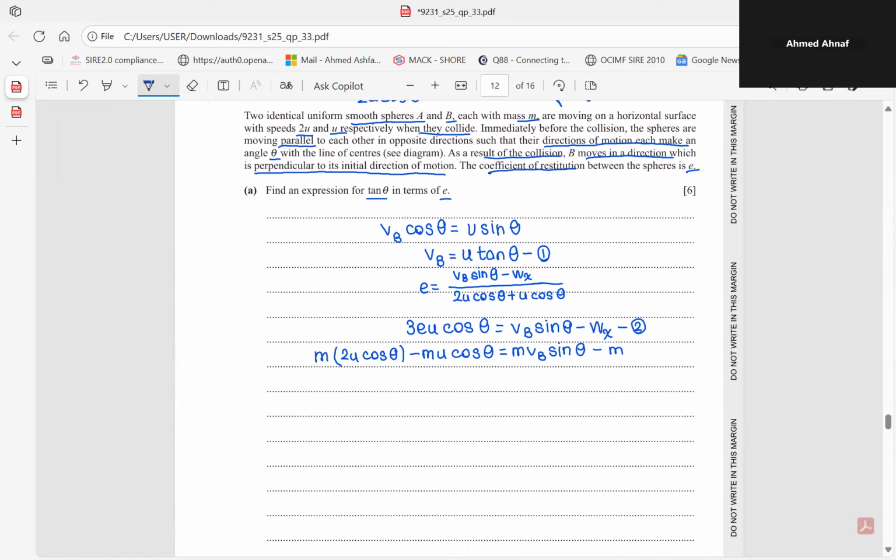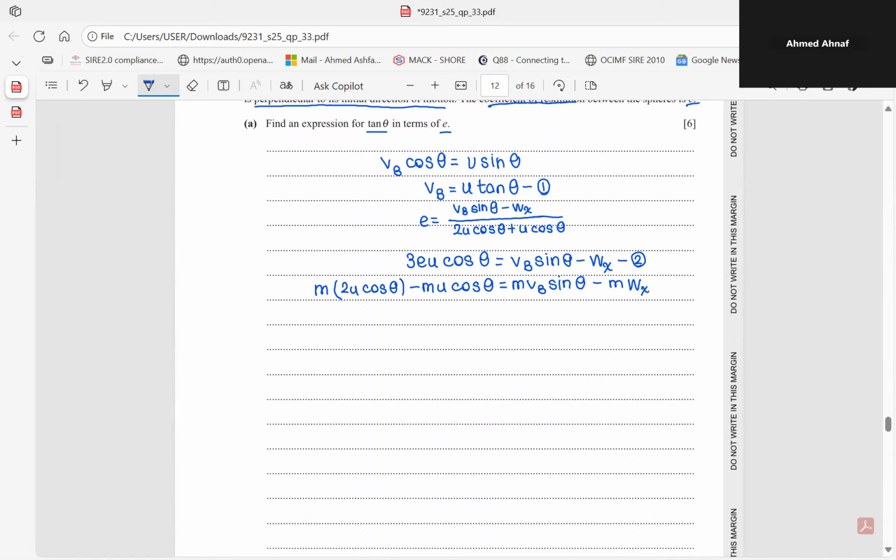So 2mu cosine theta minus mu cosine theta, you get mu cosine theta equal to m VB sine theta minus m WX.